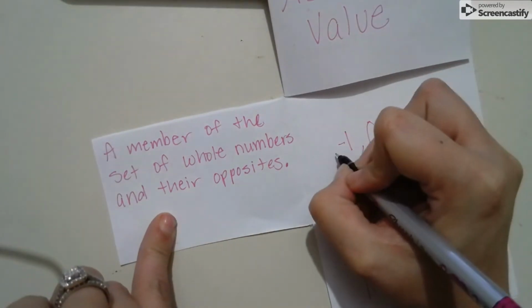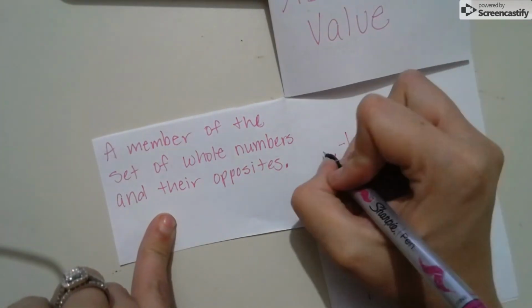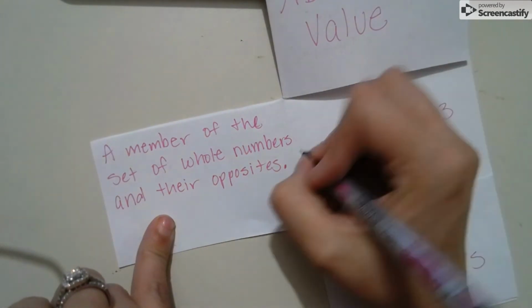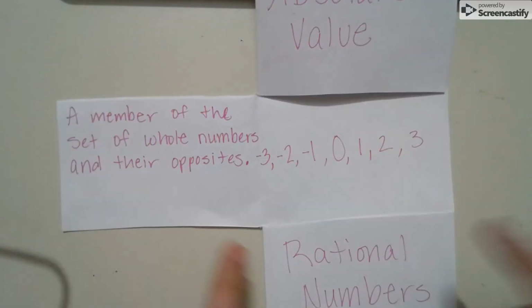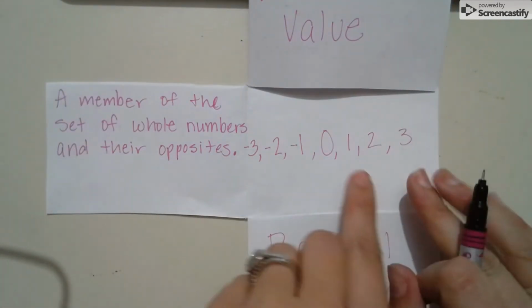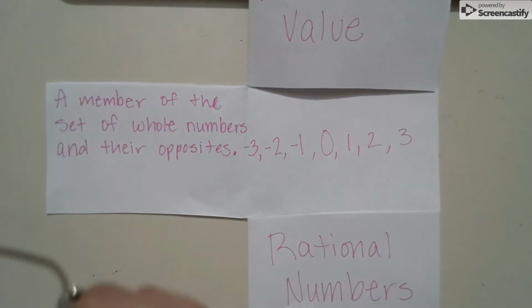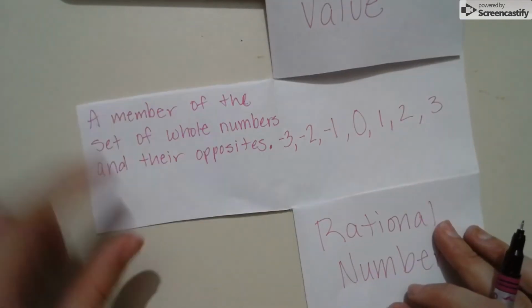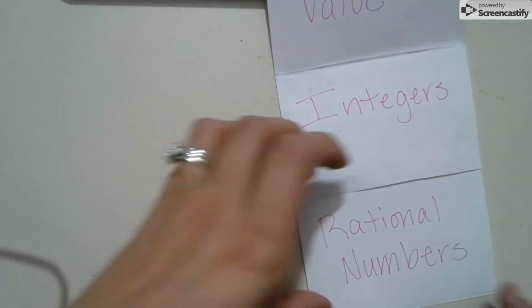So that's an integer. The opposite of this 2 would be -2. So that's an integer. The opposite of that 3 would be -3. So that's an integer. So guys, they go on forever, but it's all your whole numbers. Remember, whole numbers go on forever, and their opposites. That's what integers are. Okay? So it's whole numbers and negative whole numbers.